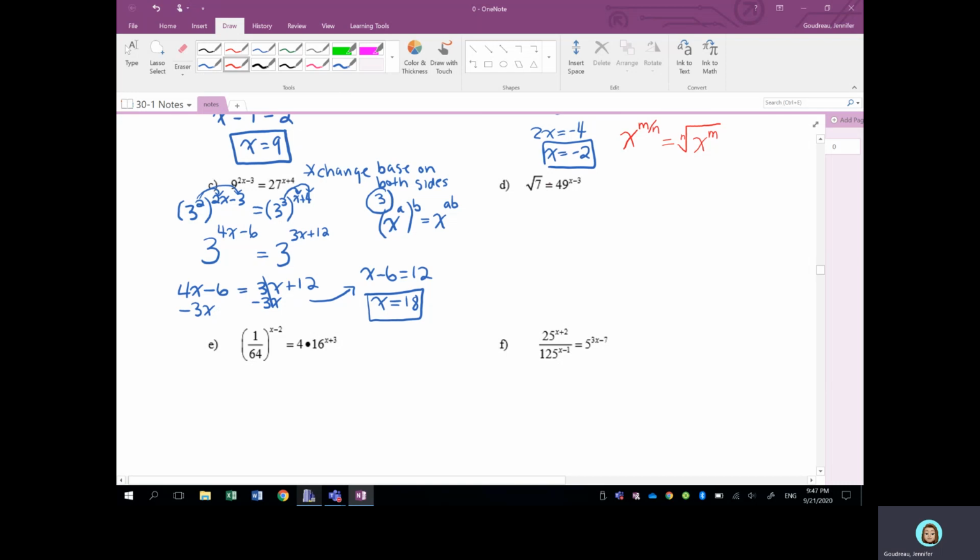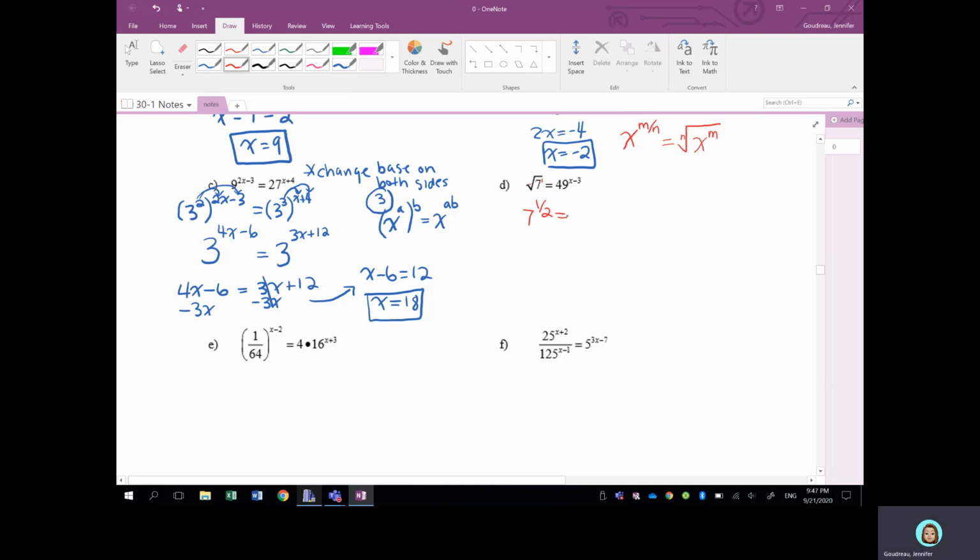So in this question here, we do have a base of 7 and we do have an exponent there. That exponent is going to be 1 over 2. So our index is 2, even though we don't write it. And our exponent there is 1. So we're going to rewrite this side as 7 to the power of 1/2.